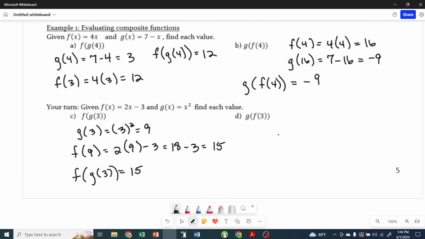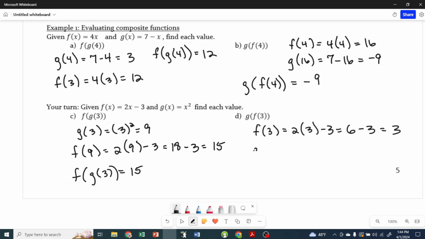All right, now let's take a look at g of f of 3. So f of 3 is equal to 2 times 3 minus 3, which is 6 minus 3, and that's equal to 3.